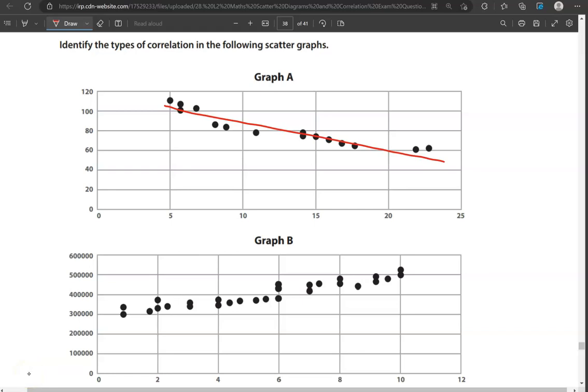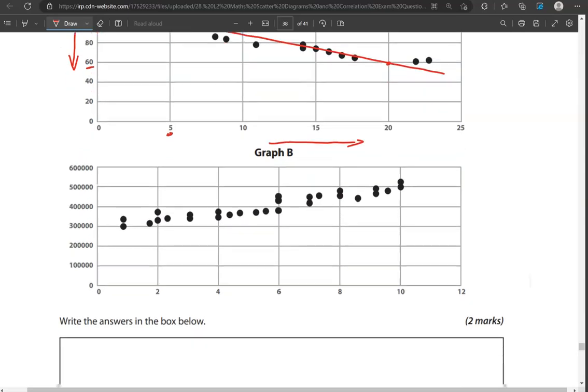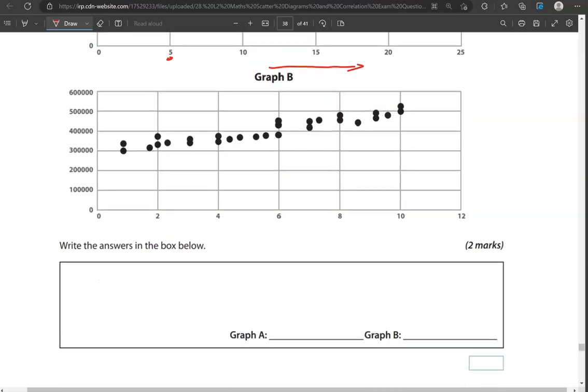So roughly 5 here matches with 110 here, whereas as that 5 increases to 20, for example, that would be matched with 60. So it's gone down for the variable that we're representing vertically. So A is definitely a negative correlation.